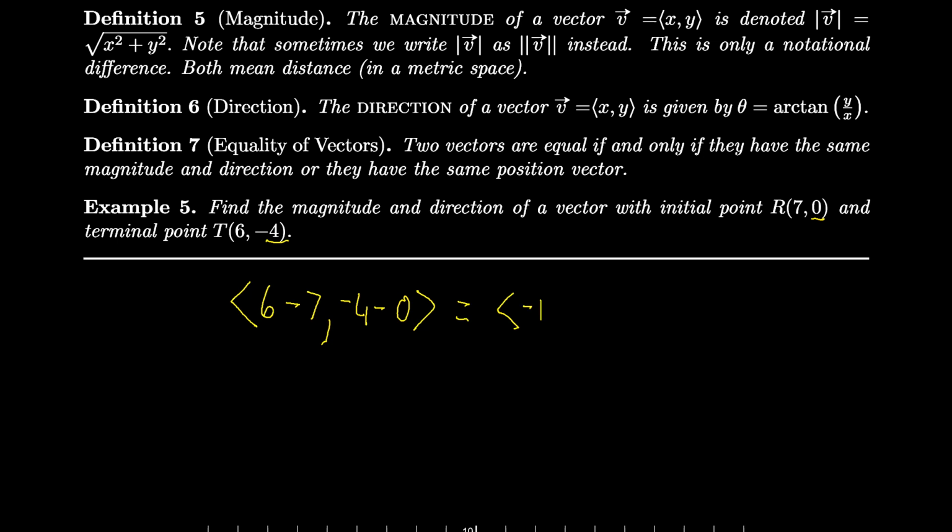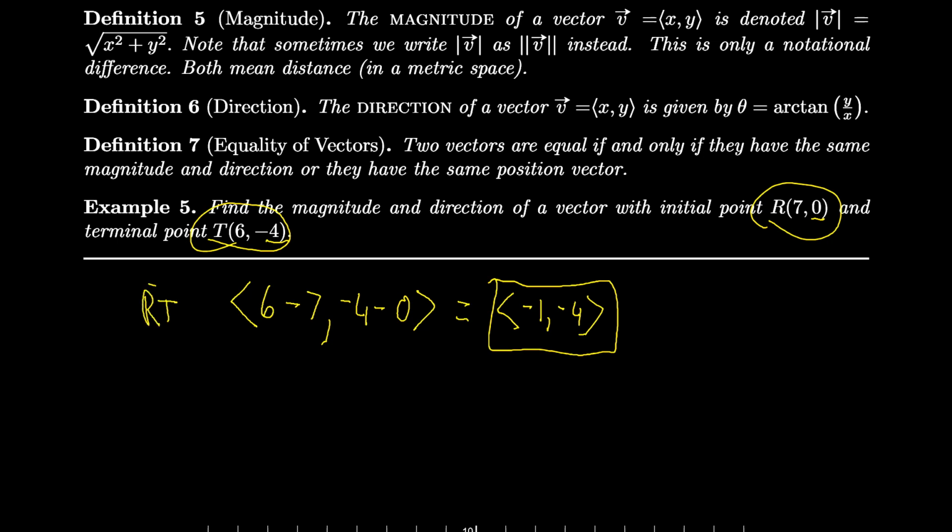So this is the vector negative 1, negative 4. This is what we want to operate on. It's the exact same thing as working on the vector that starts here at R and ends at T, so vector RT. This is also vector RT. These are both vector RT, except now we've just copied it and moved it down to the origin, which is the only thing that we've done.